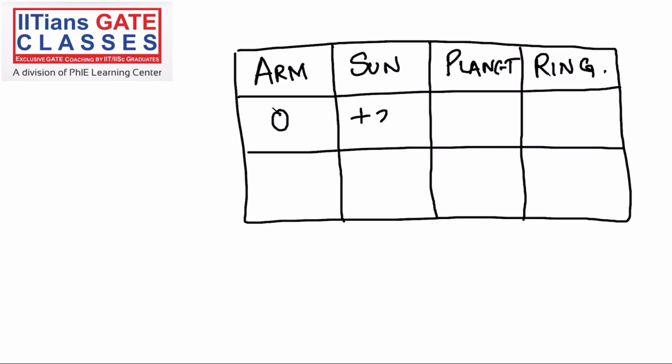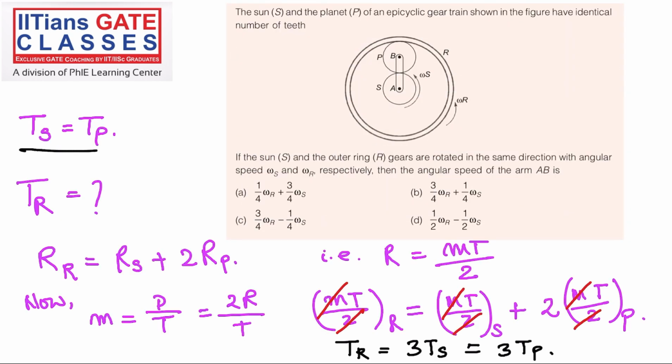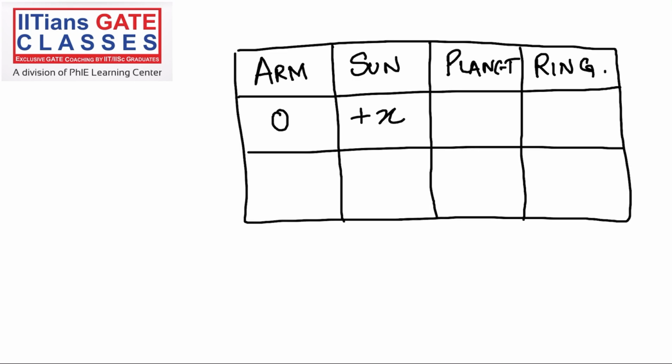Let us assume that the angular velocity of sun gear is plus x. So what will be the angular velocity of the planet gear? Since the number of teeth are equal, and you can see both of them are externally meshed, we can simply say the angular velocity of the planet gear will be minus x.